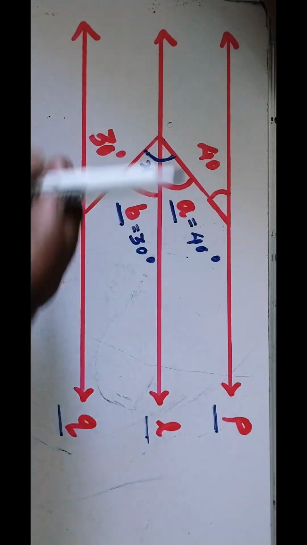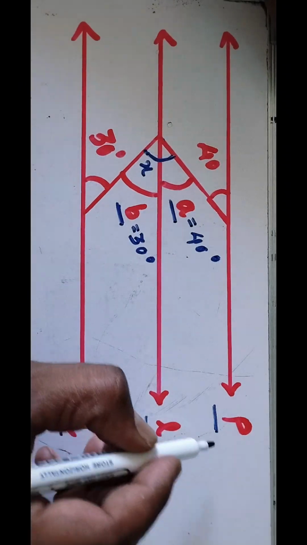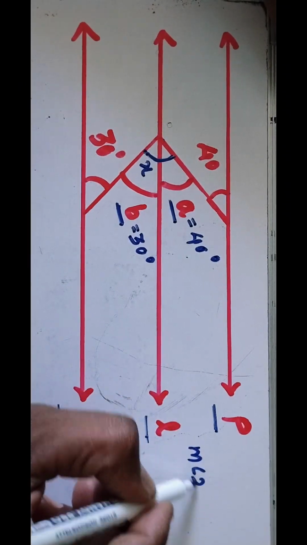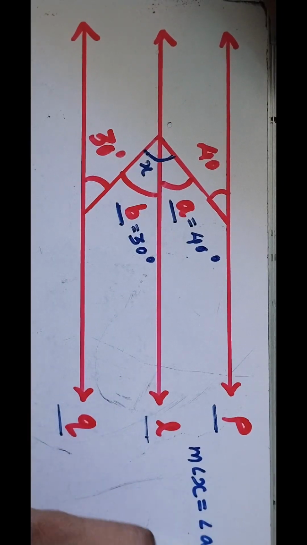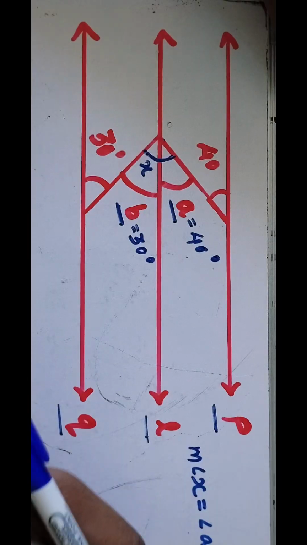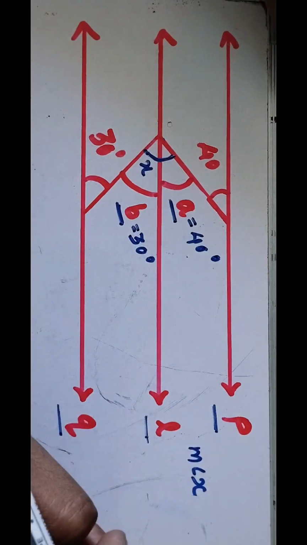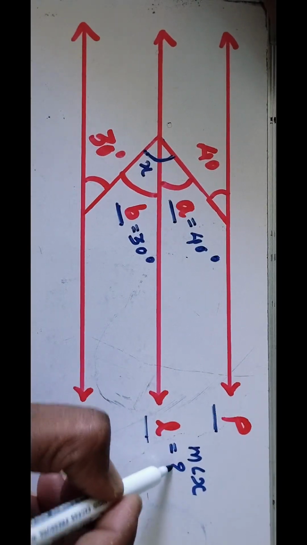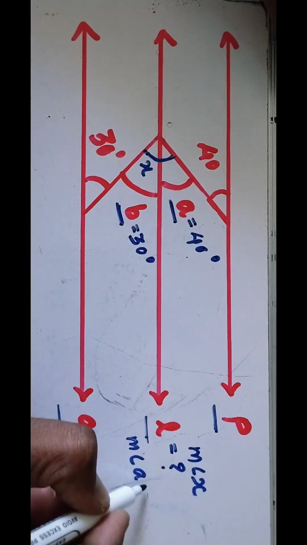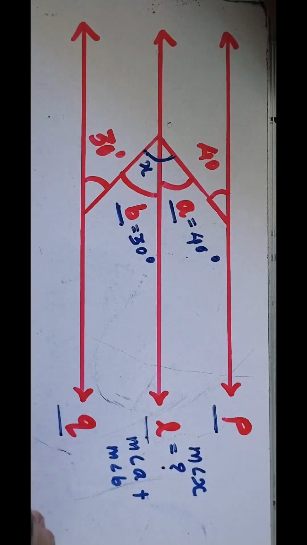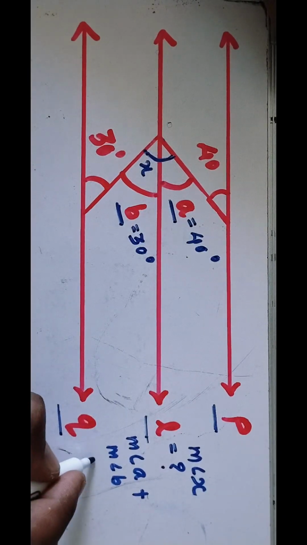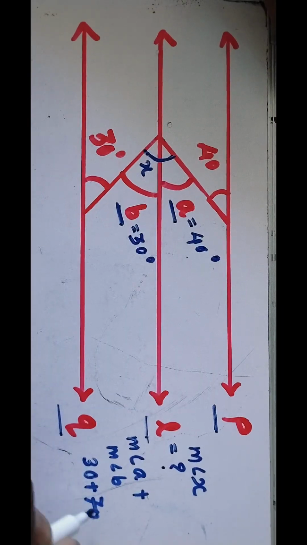Now we have to find measure of angle x. So measure of angle x is nothing but measure of angle A plus measure of angle B, that is equal to 30 plus 40, which is equal to 70 degree.